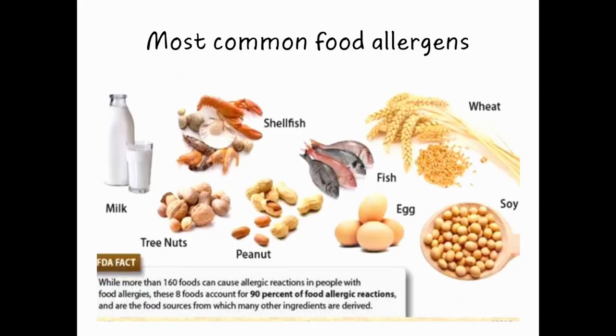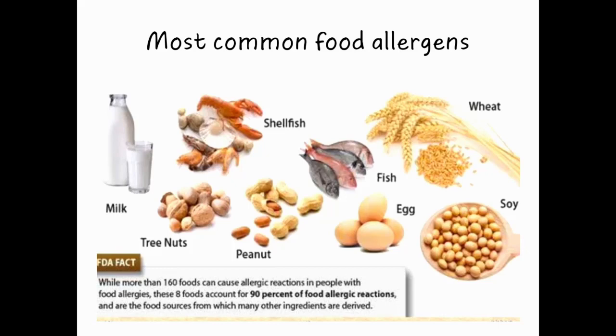The most common food allergens we find are in milk, tree nuts, shellfish, peanut, fish, wheat, egg, and soy. While more than 160 foods can cause allergic reactions in people with food allergies, these 8 foods account for 90% of the food allergic reactions and are the food sources from which many other ingredients are derived.